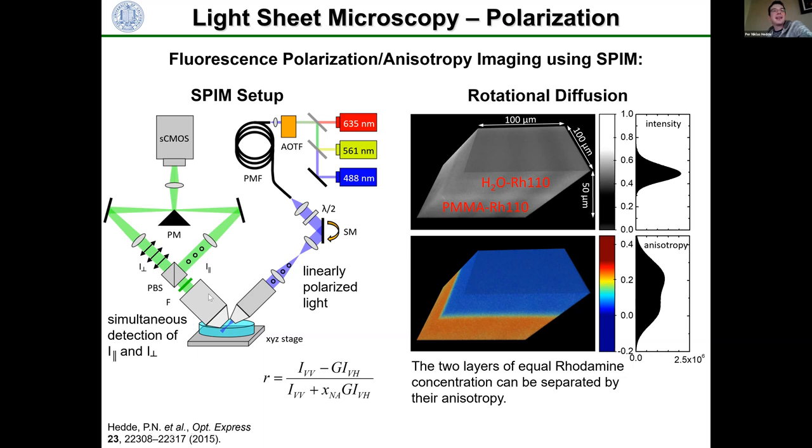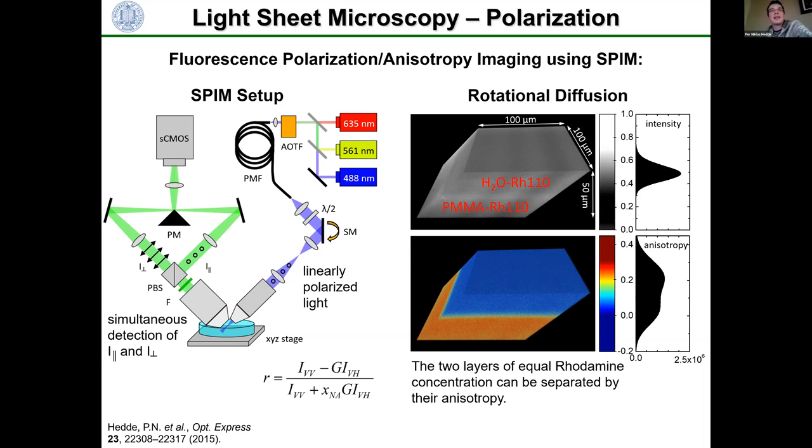And the idea here is that if your fluorophores are static, they cannot move, and you excite with polarized light, then the emission should also be polarized, at least to a certain degree.